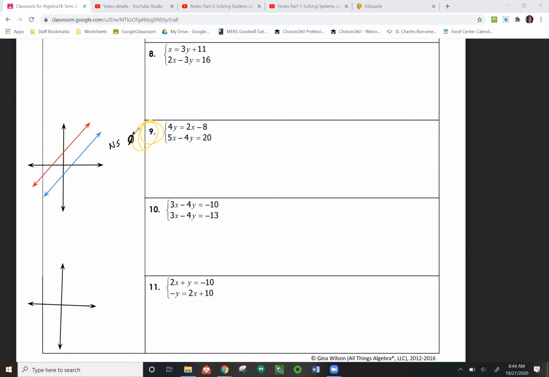You could write the empty set symbol. All right. So graphically, it was really easy to tell, but algebraically, what happened? Whenever you were eliminating a variable and solving, both variables went away. And you were left with a non-true statement.